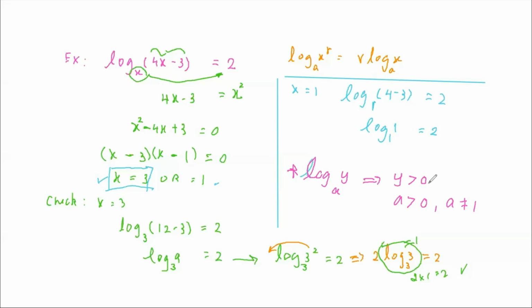Because greater than 0. But the base 1 is equal to 1, and the condition says not equal to 1. So this one doesn't work. So x equal to 1 here is rejected. Okay, so only x equal to 3 is the solution of this equation.